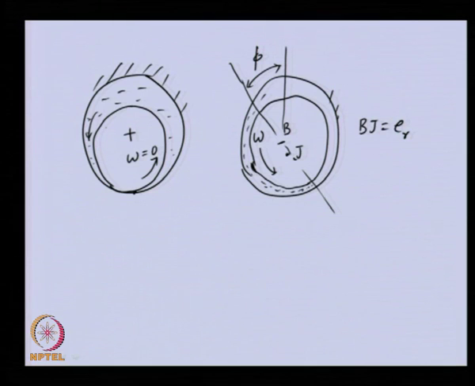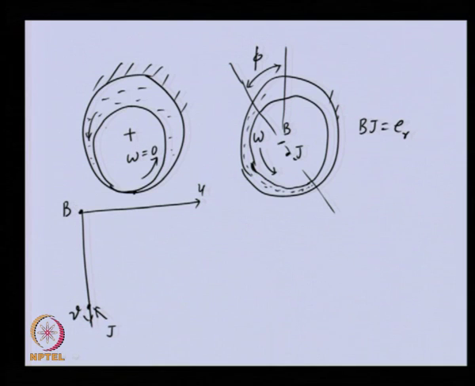So, if we want to plot the journal motion, how its location changes with speed, because for a particular speed it occupies a certain position inside the bearing, you can see that at rest it is here. This is the journal center, this is the bearing center.